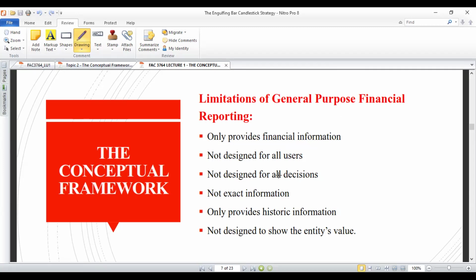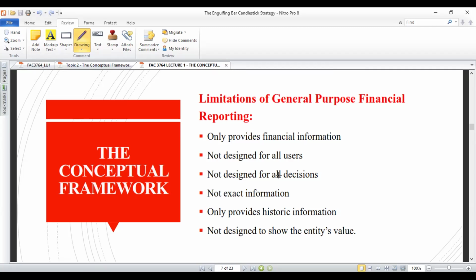But if you're looking at, for instance, government regulators, maybe from the side of health and safety, if they look at the financial statements of the company, that will not give them anything to do with OHS, operational health and safety of the organization.